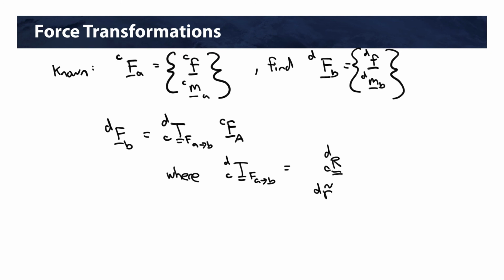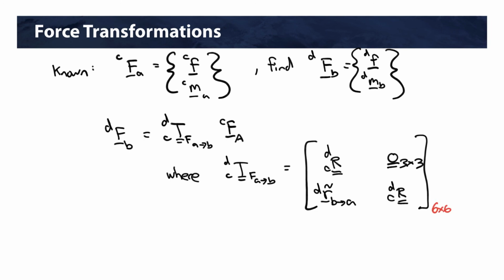Our skew symmetric matrix is in this corner now, just by the way we defined our wrench. All right, and again, this is a 6x6 matrix.